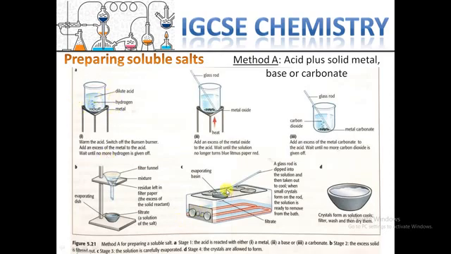Then after that, you need to evaporate. While you are evaporating, you can use a glass rod to stir slowly, then take out the glass rod and see whether there are crystals at the tip or not.